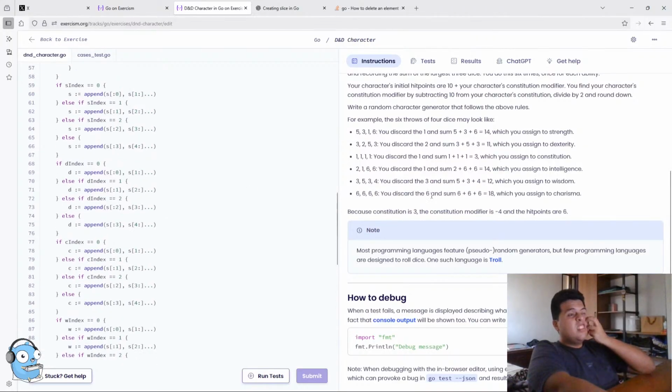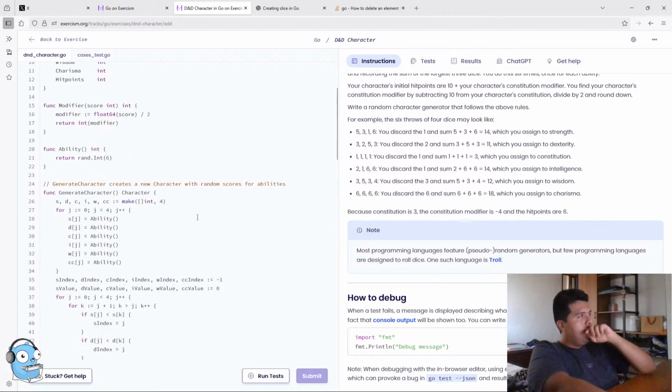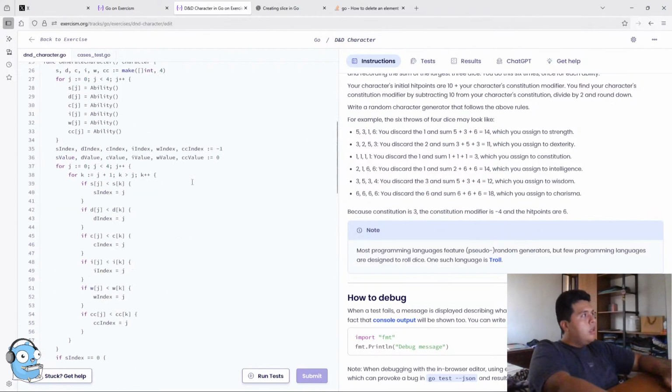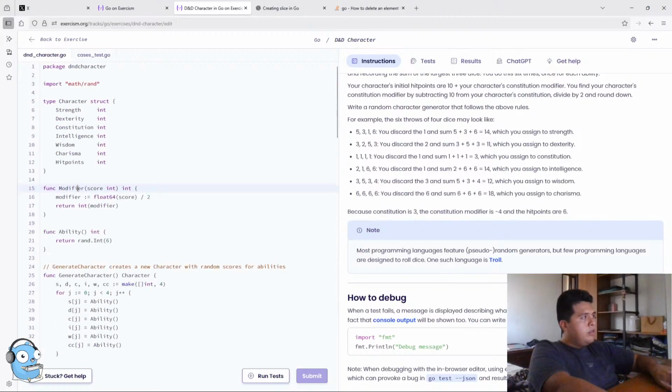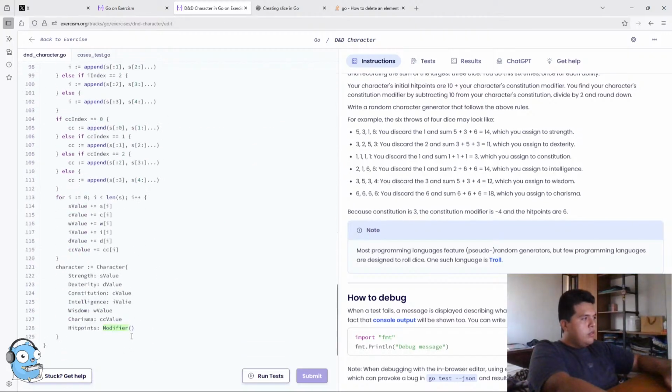And the last one is modifier. I need to put the last one, hit point equals to modifier. That's a modifier, and the modifier I need to pass the constitution C value, okay, and return character.